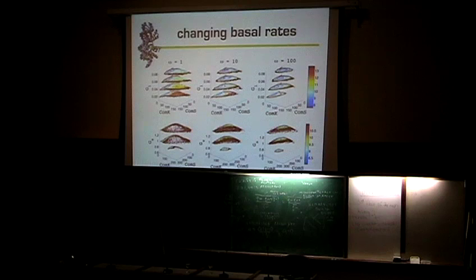Okay, so these are some other plots. Here you're increasing the basal expression of ComK and ComS, and here you're going from really fast binding to slower binding.